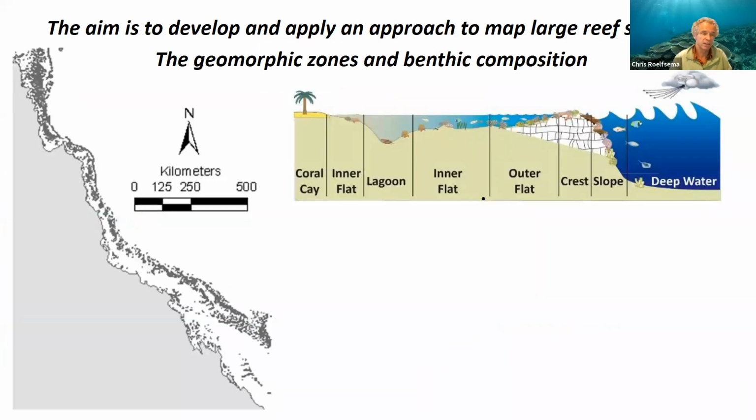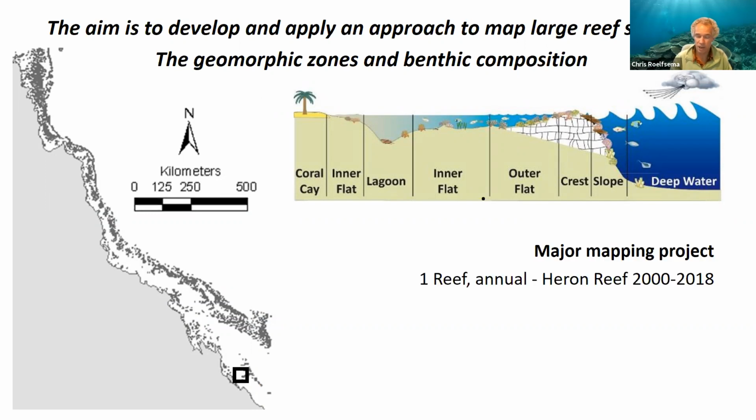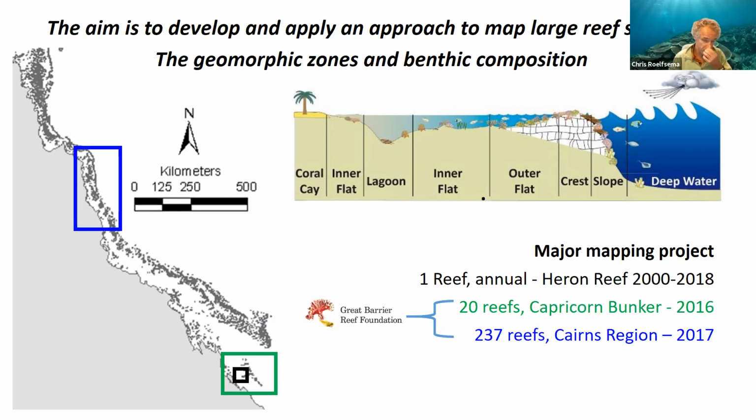With this information in mind, and the amount of work we did initially on Heron Reef and other reefs locally or overseas, we were asked to develop an approach to map large reef systems to geomorphic zonation and benthic composition level. We used our knowledge from Heron to initially go to the Capricorn Bunker Group and the Cairns region, funded through the Great Barrier Reef Foundation.